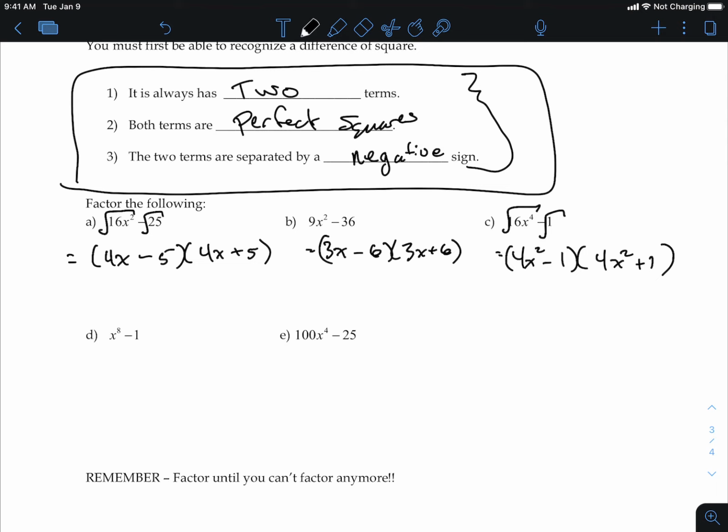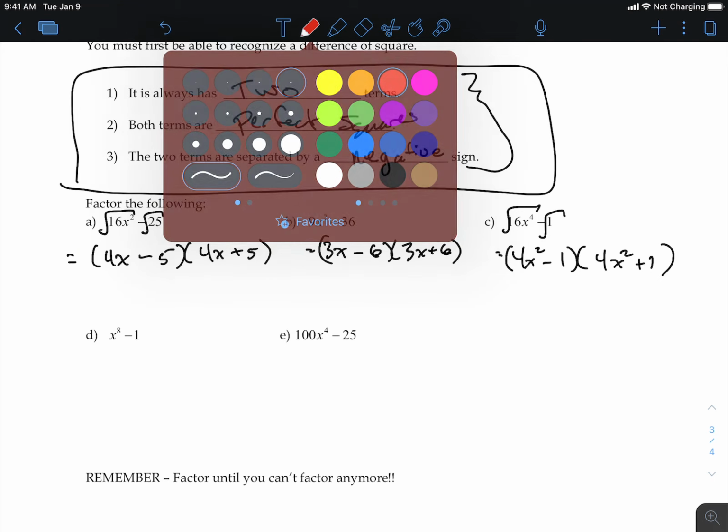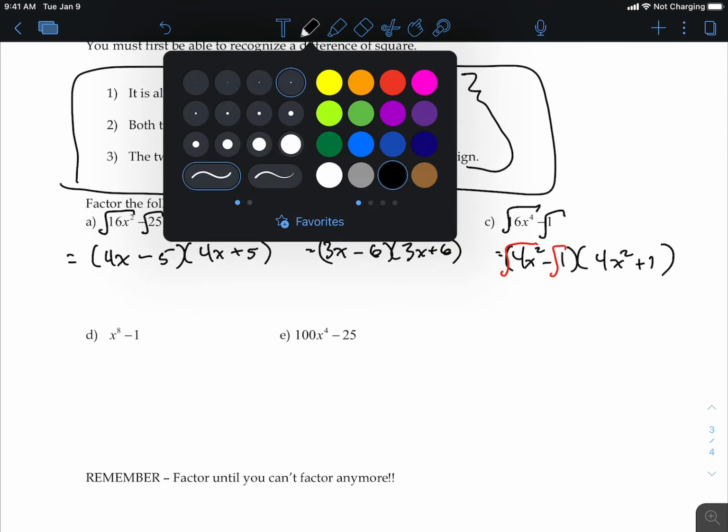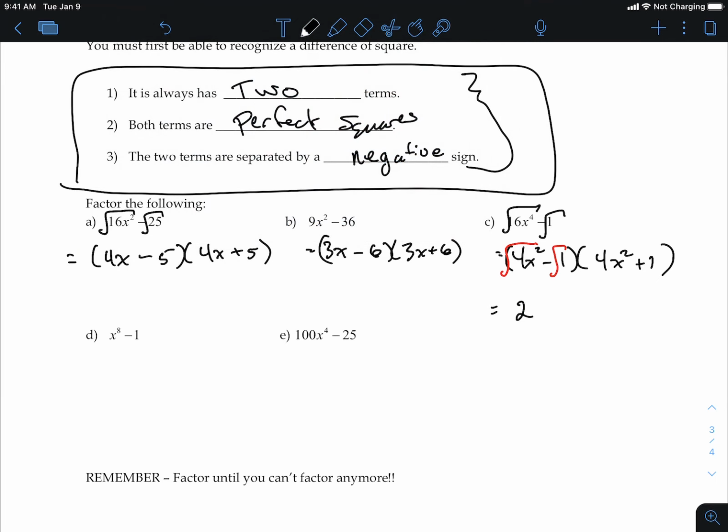Because I could again, what could I do? Square root the first, square root the last. I could do it again. And what's the catch this time? I'm going to get 2x and 1 multiplied against 2x and 1, opposite signs.